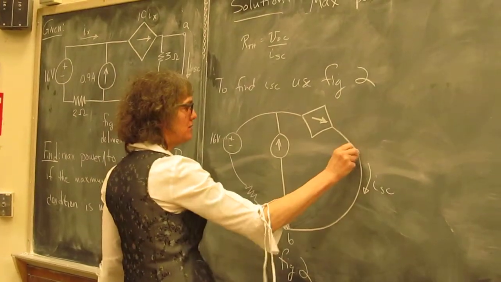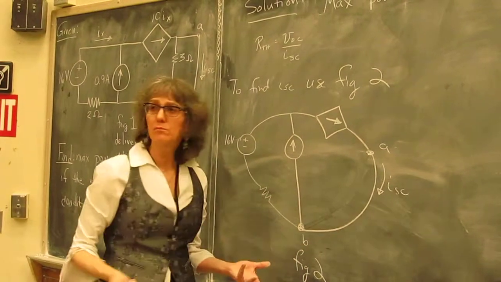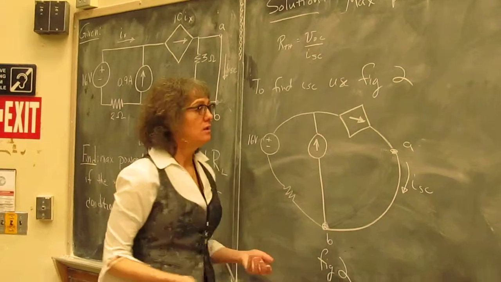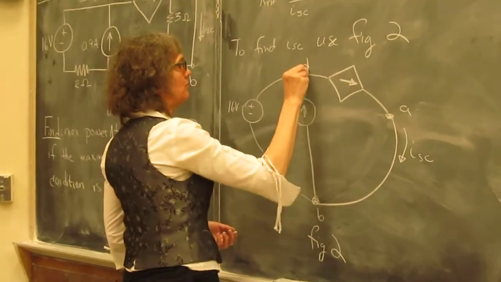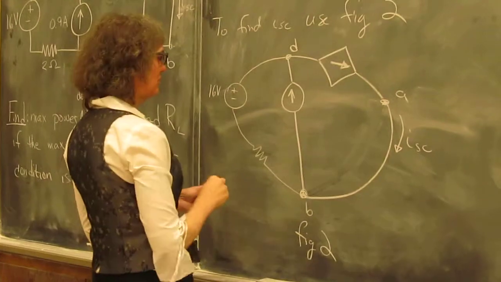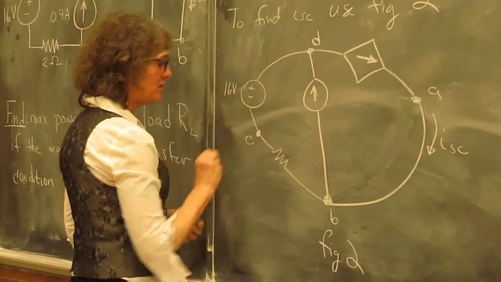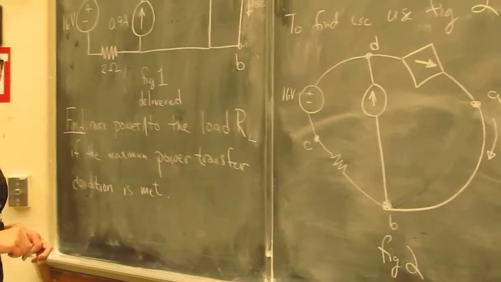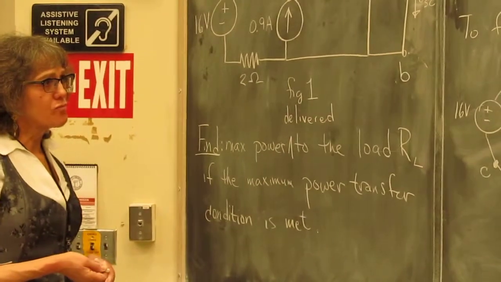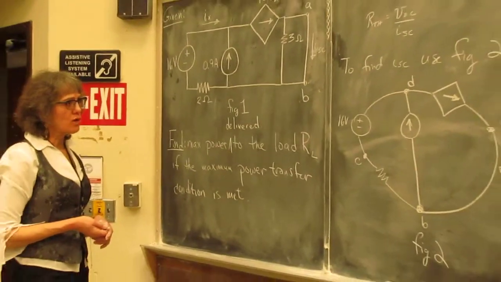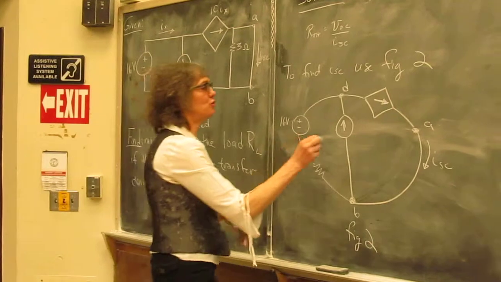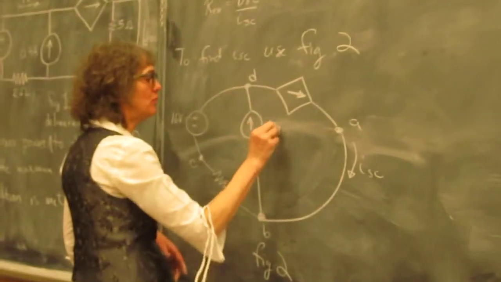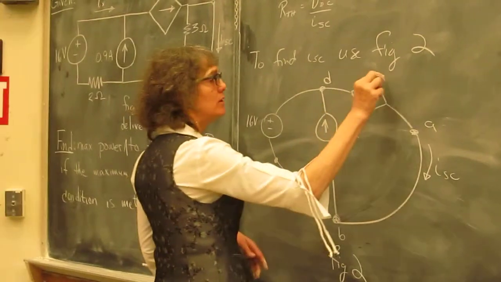Okay, this was terminal B. I mean, terminal A is here, but now A and B are the same terminal. But I'll keep the others, D, and then C. Okay, so I did label the nodes, but just for the heck of it, I'll do mesh current analysis on this one, just so that you can see both of them.